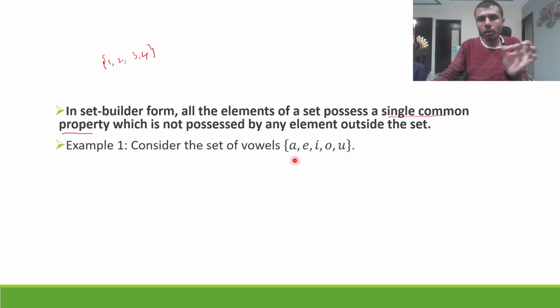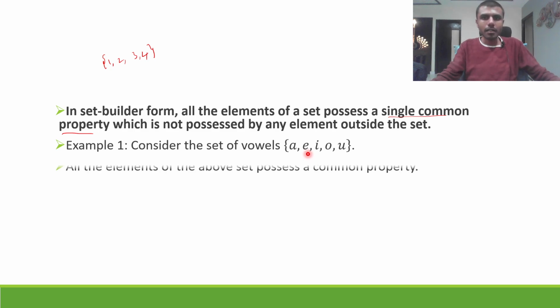What is the common property possessed by the elements of the set? That each one is a vowel in the English alphabet. That's my single common property, and it covers all the 5 elements. Yes, it definitely covers all the 5 elements, and no other element outside the set will possess this.